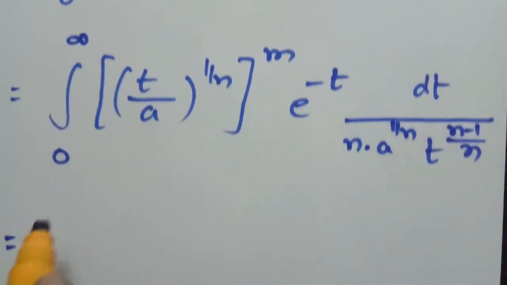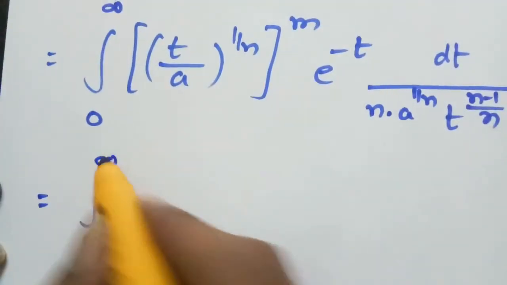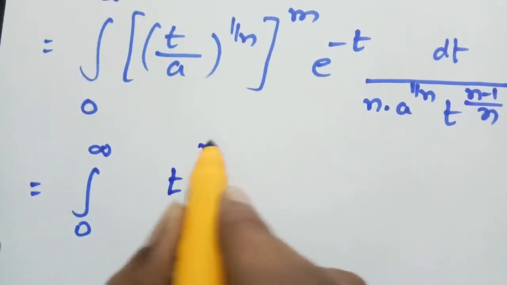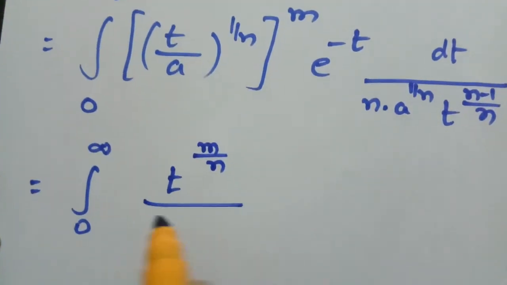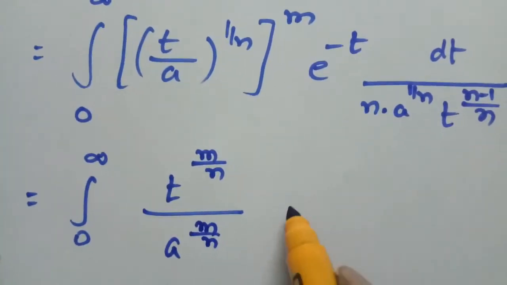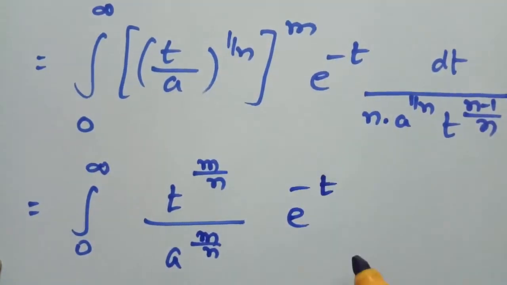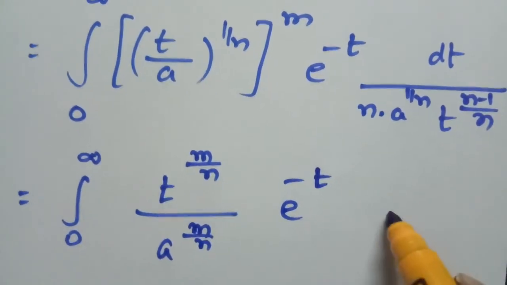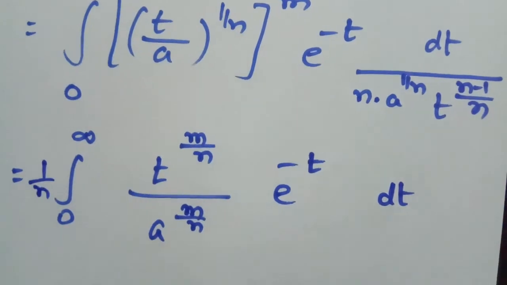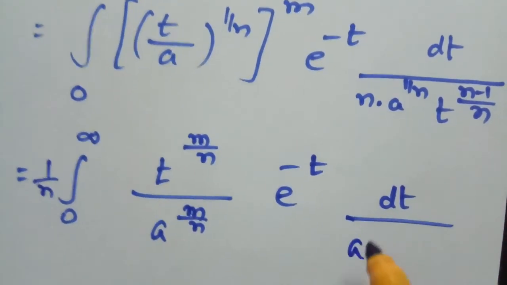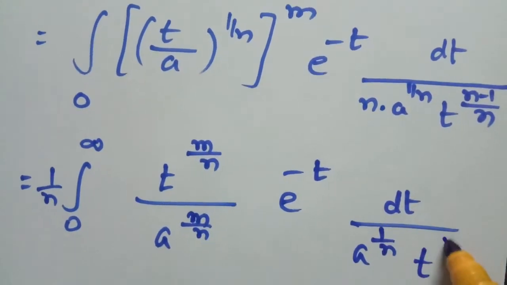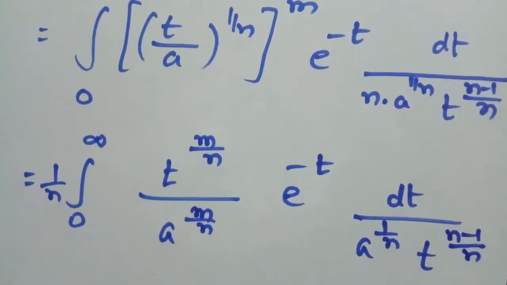Therefore, this can be written as integral 0 to infinity t to the power of m by n by a to the power of m by n into e power minus t into dt by n by a power 1 by n into t to the power of n minus 1 by n.